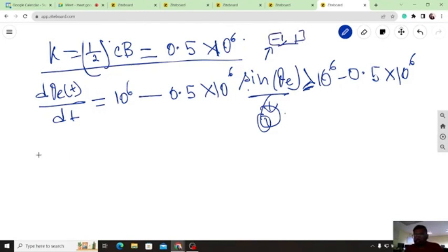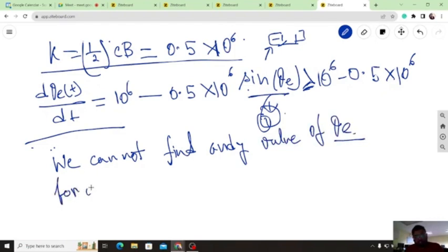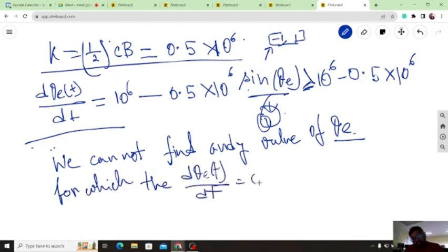So therefore, we cannot find any value of theta e for which the rate of change of error can be 0.